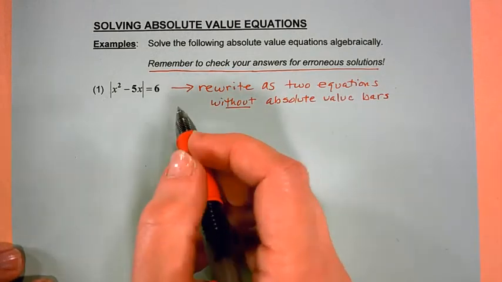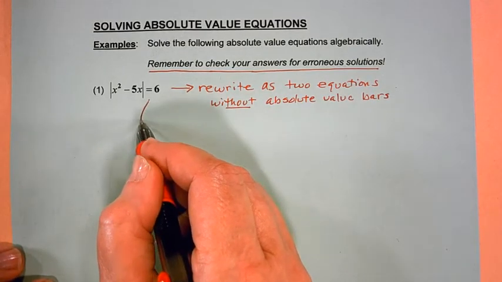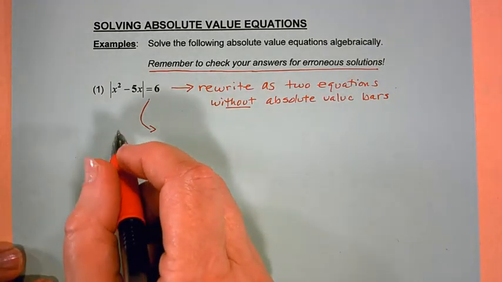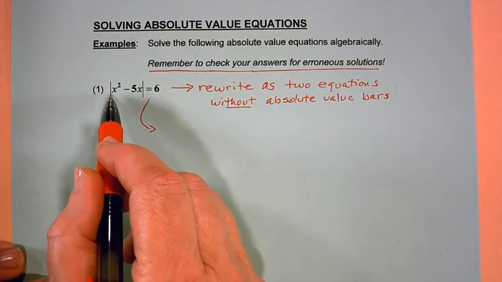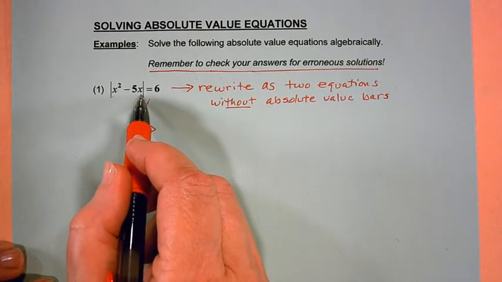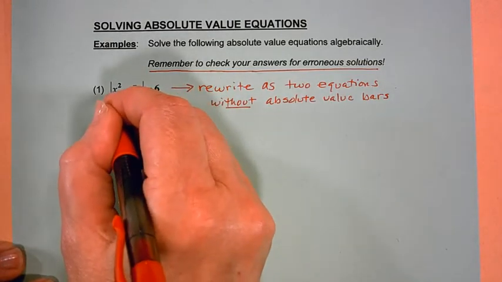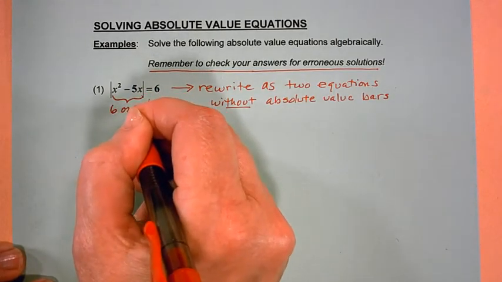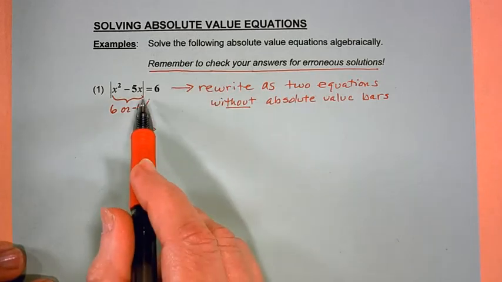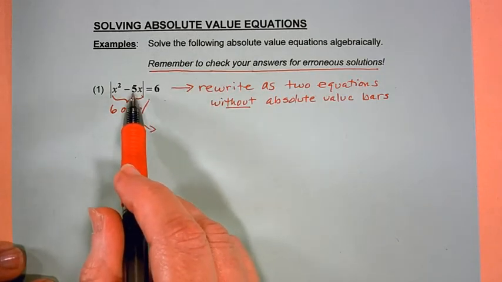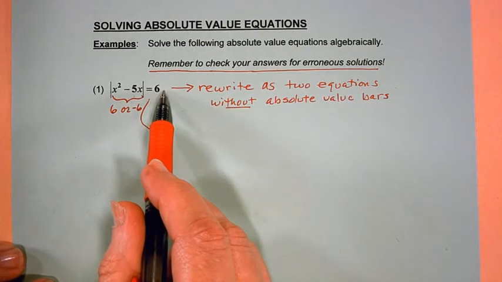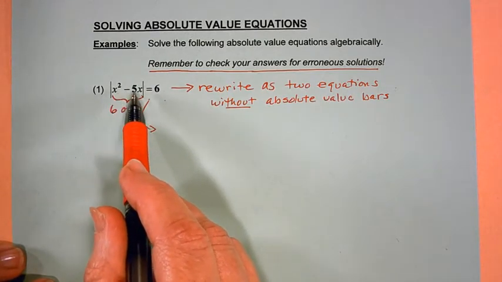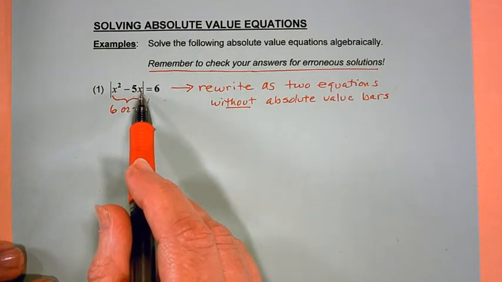So we're going to rewrite this as two separate equations. Because the expression inside the absolute value bars can either be 6 or -6 and still make the equation true, because remember, the absolute value of -6 is also 6, we have to write the two different things that can happen.